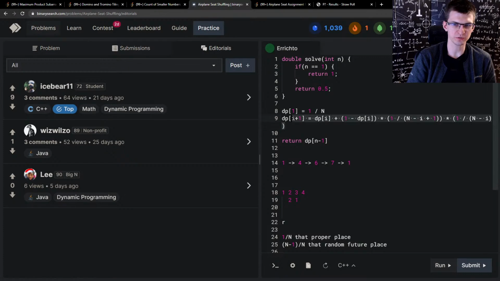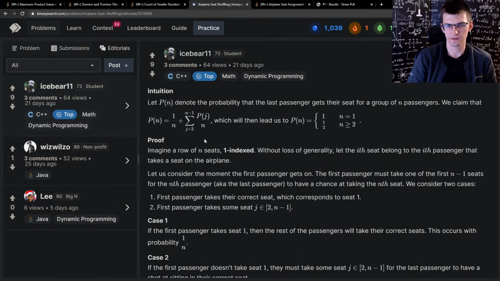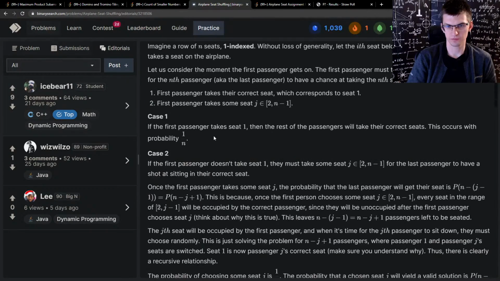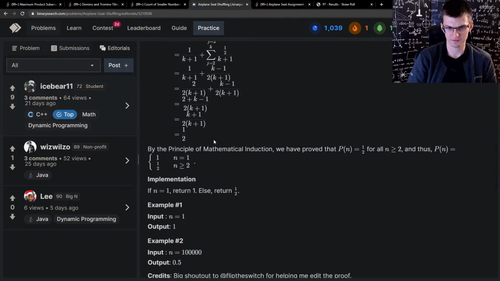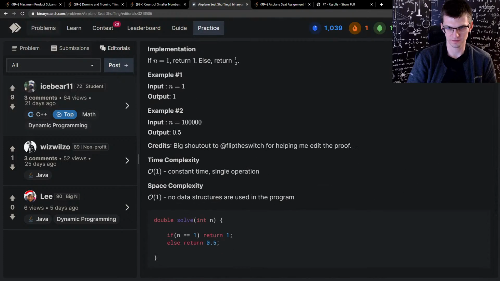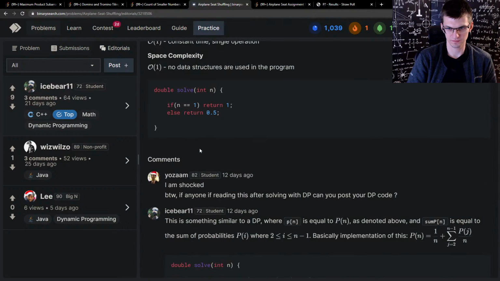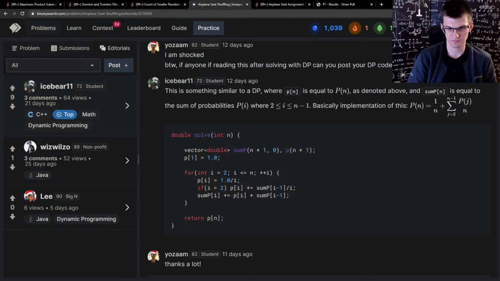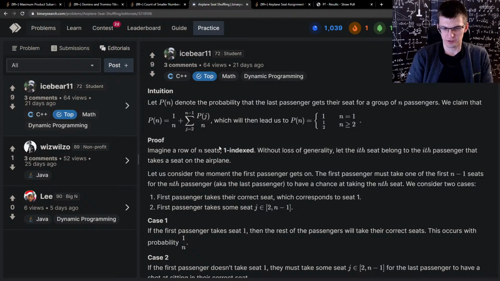I mean, for sure, from this, some recursive solution will be apparent. Proof. That's very complicated proof. I thought that the proof will be very easy.